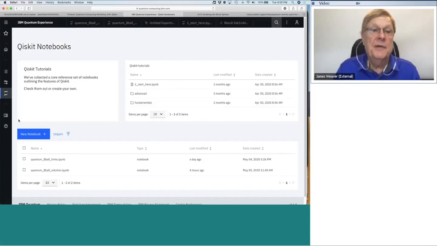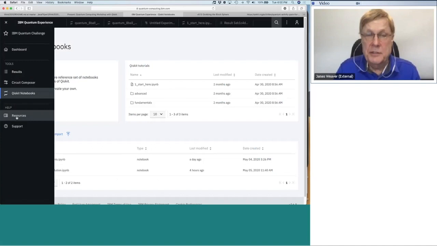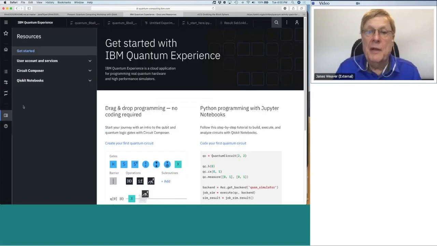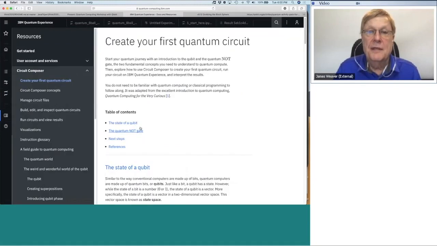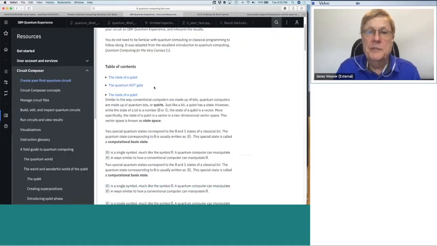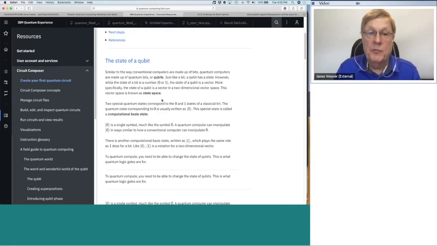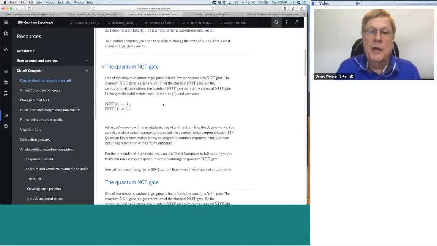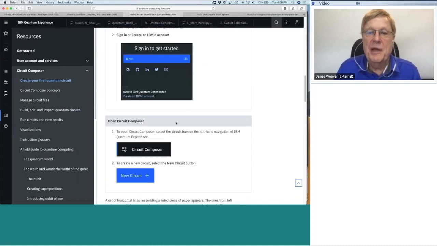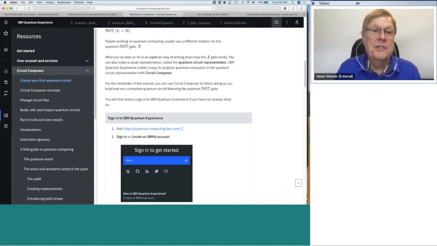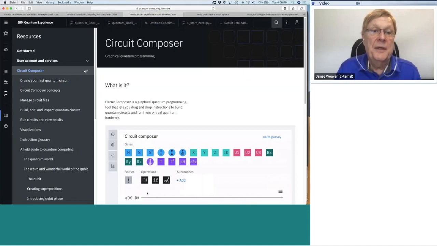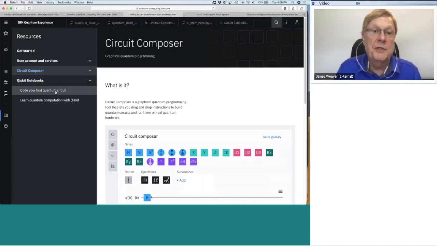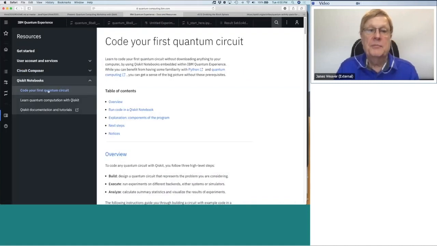So they're in resources, by the way, and there are some links here when you get to the lab. There are some great resources for being able to create your first quantum circuit, and not only does it show you how to create a circuit, it's a recap of what I just showed you. It also shows you how to get into the quantum experience. But there's another one that talks about how to code your first quantum circuit.